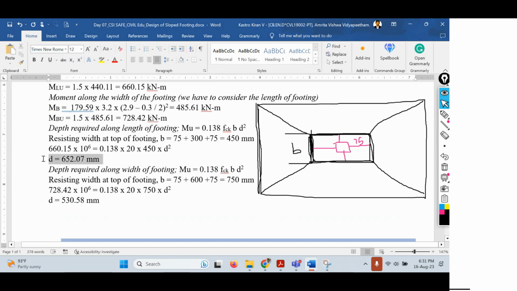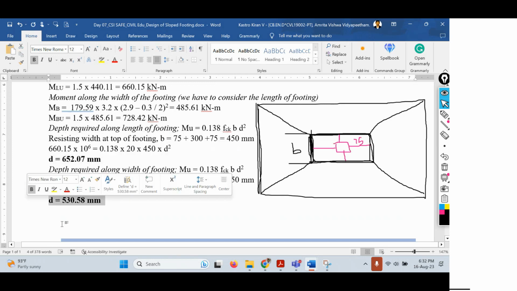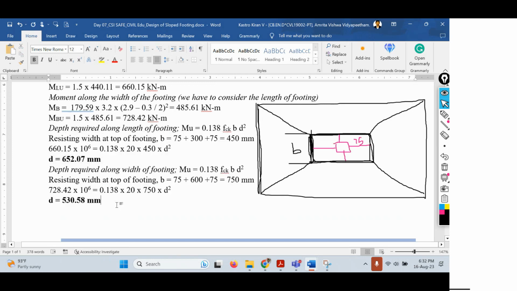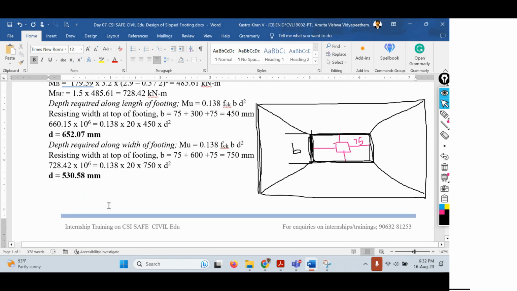Now here, if you observe, we are getting two depth values. One is 652 mm and the other one is 530 mm. So which one do we have to consider? Among these two, whichever is the highest value, that you have to consider as the depth required for the footing.